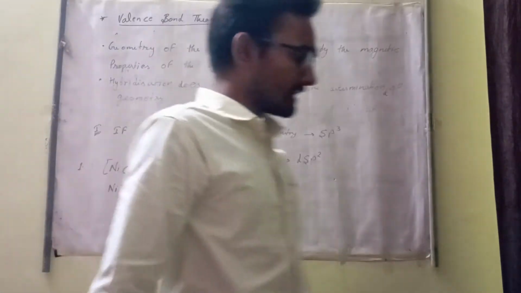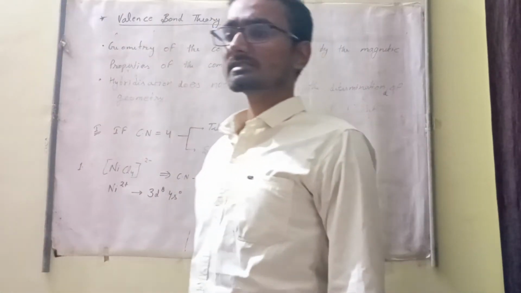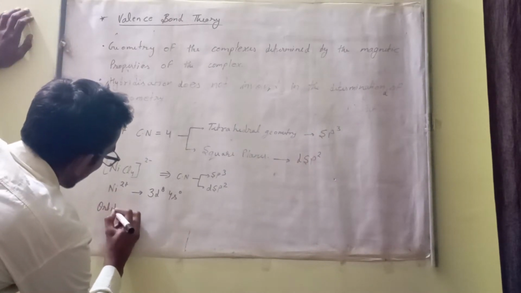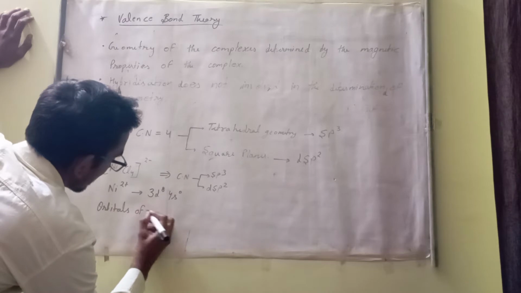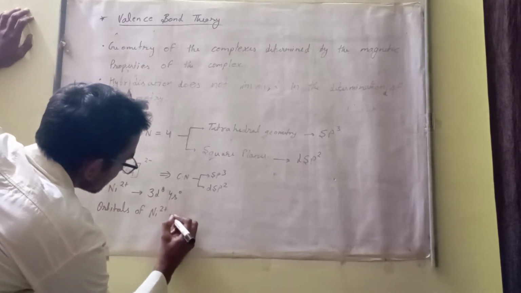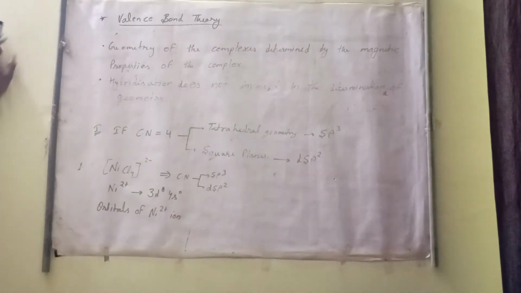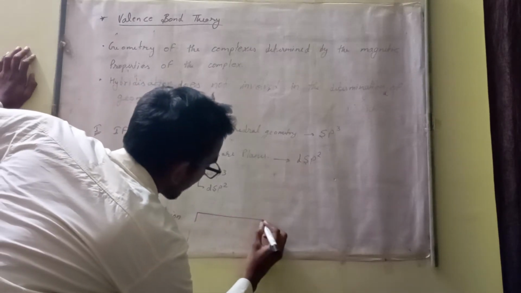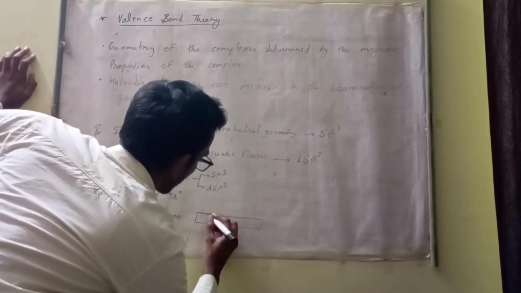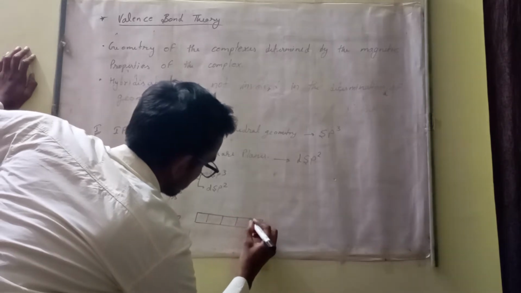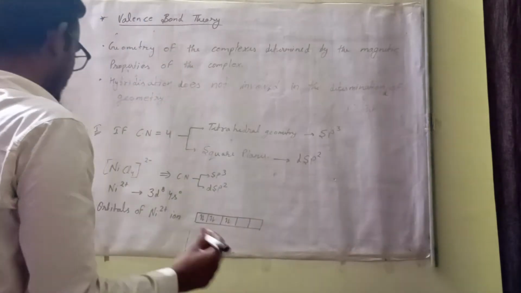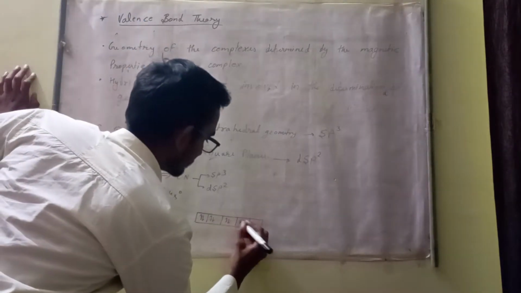Now, what are the orbitals of the nickel 2 plus ion? 3d8, 4s, 4p.